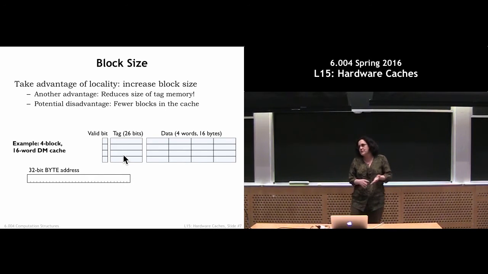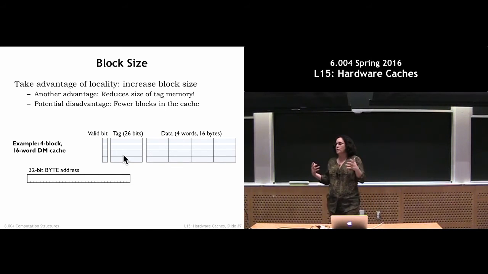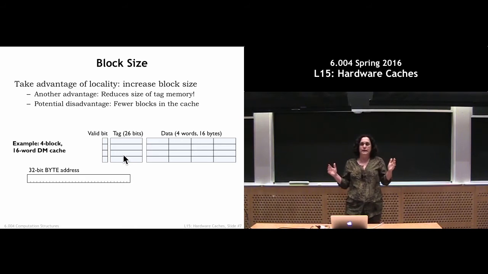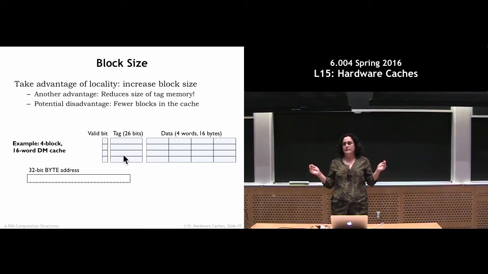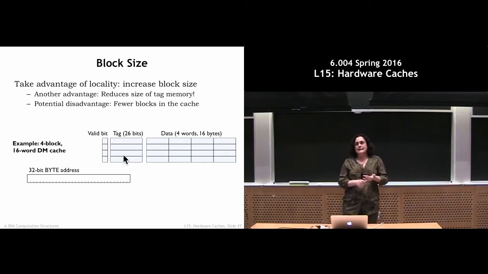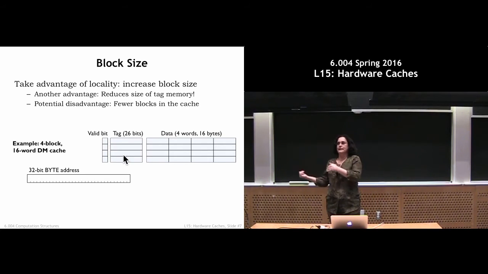So the first thing is that I'm able to store more real data in the same size memory if I use a block size that's greater than 1. The second thing is I benefit from locality, so hopefully I'll get a few additional hits and improve my hit rate.